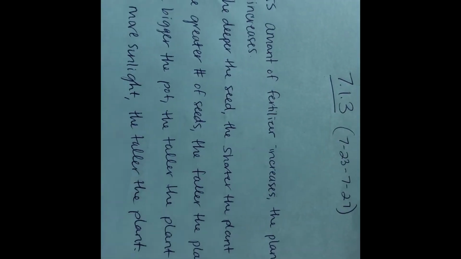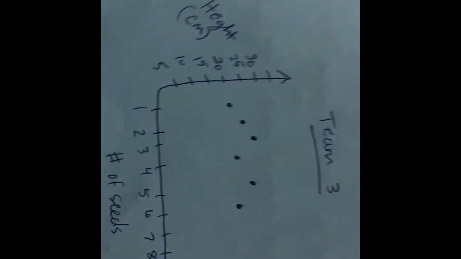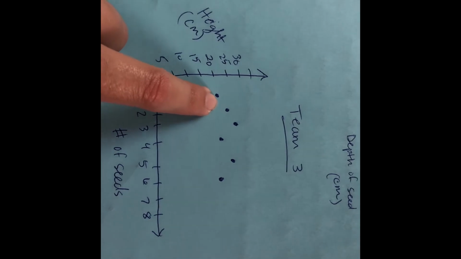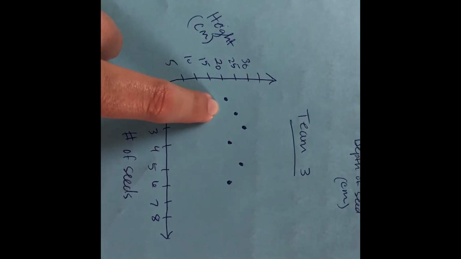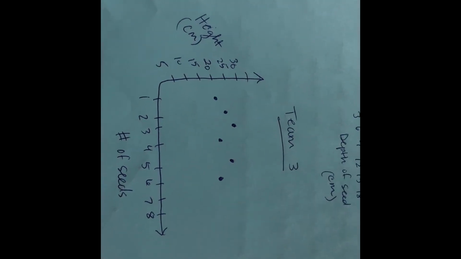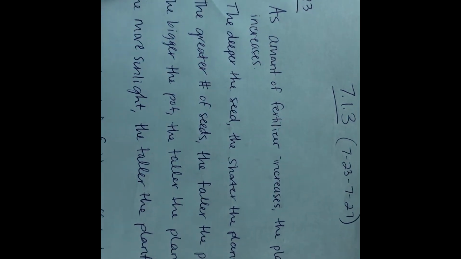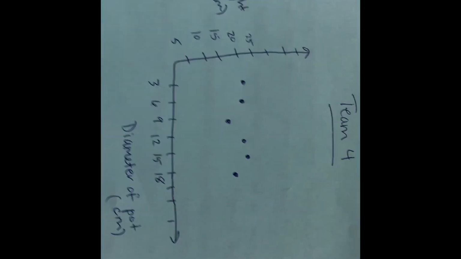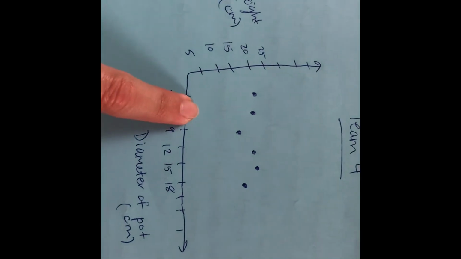For part C, the greater number of seeds, the taller the plant. This one was not confirmed because the graph does not show a relationship between that and my hypothesis. There's no pattern. So part C is nope, not accurate. My part D, the bigger the pot, the taller the plant. Let's look at it. Again, there is no association here.